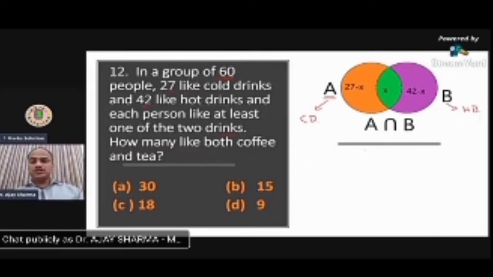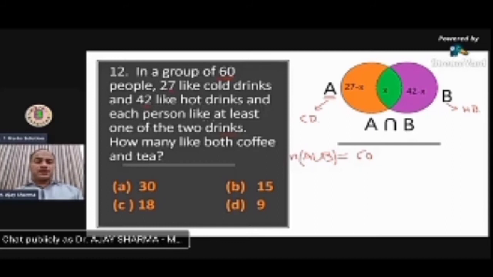Those 60 elements are there in A union B. No student has any other possibility. So here A union B is equal to 60. Total number of elements in A union B will be 60.